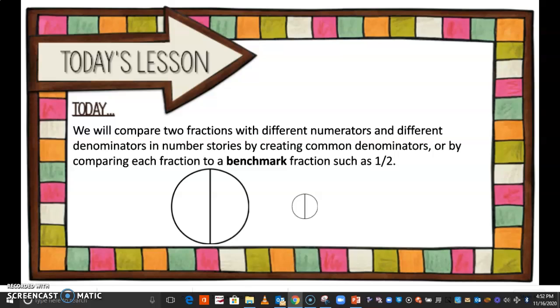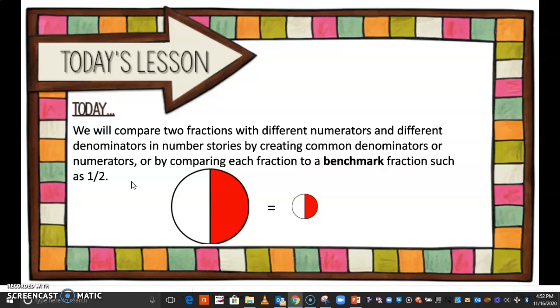But before we move on, let's talk about why creating common denominators is so important. We looked at these 2 pizzas, right? We had a large pizza and a small pizza. If we had a half of each, could we say that those are equal? They're both showing a half of a pizza.